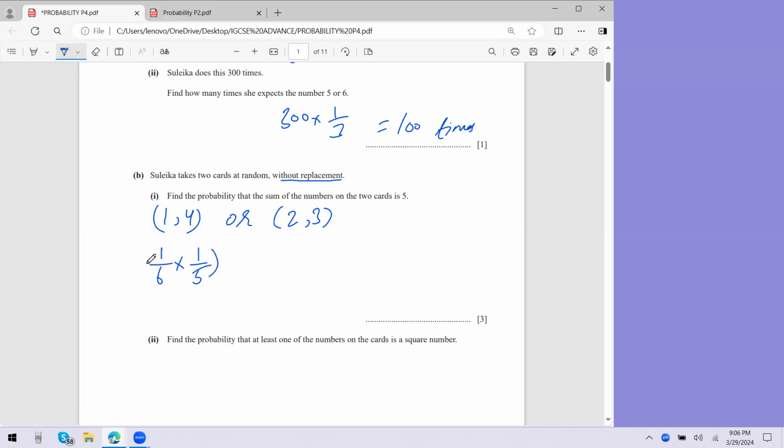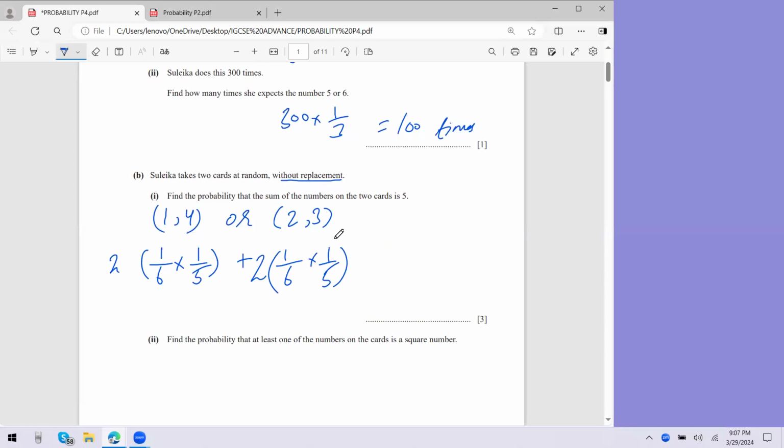Now this bracket you need to multiply by 2 because the order can change. It can either be 1 and 4 or 4 and 1. Or means add. Similarly, this is 1 by 6 multiplied by 1 by 5, and you need to multiply by 2 because the order can change. So another probability needs to be added.